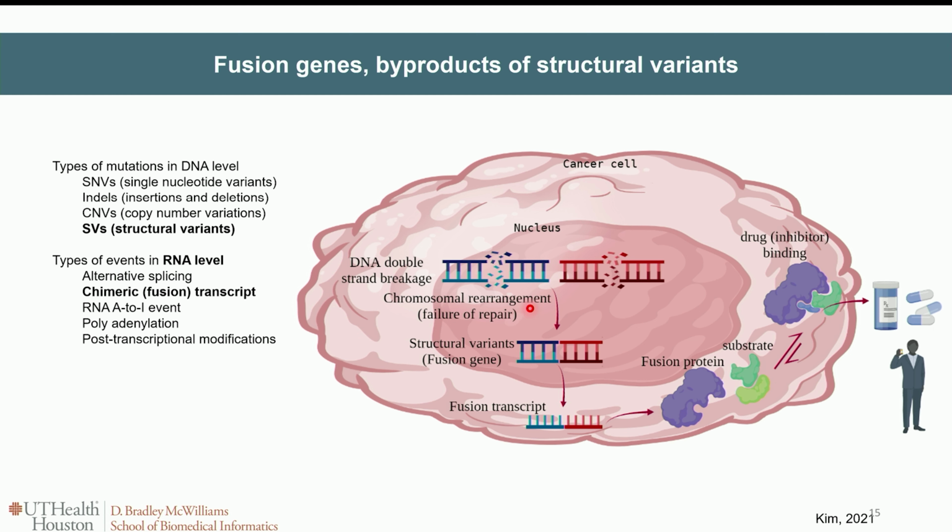After that, the failed and rearranged chromosome will follow the central dogma. So it will make a fusion transcript, and after translation, it can make a fusion protein. This is the example of BCR-ABL1. If imatinib binds with the pocket of ABL1, then you can inhibit the very active function of the kinase domain.